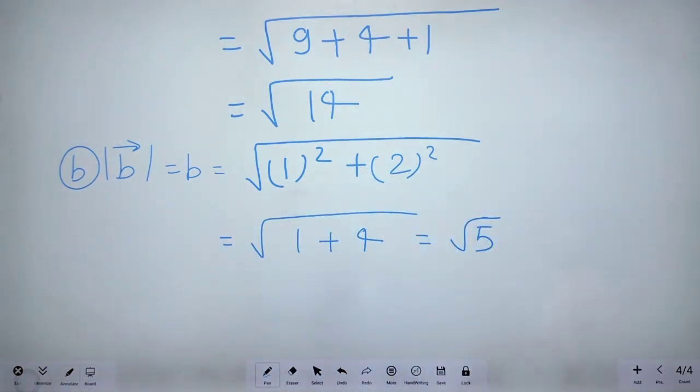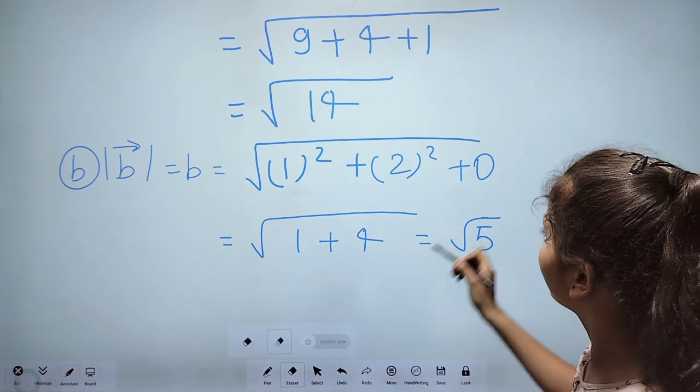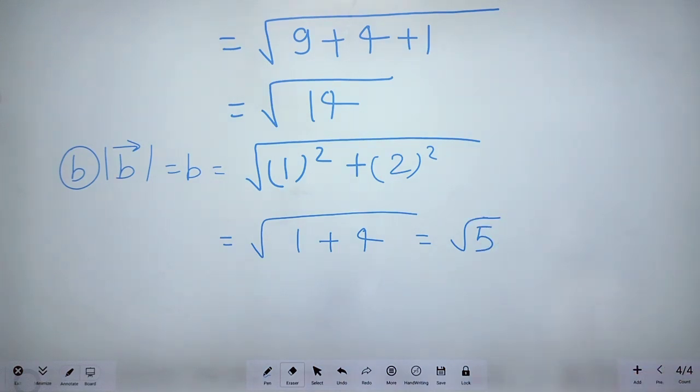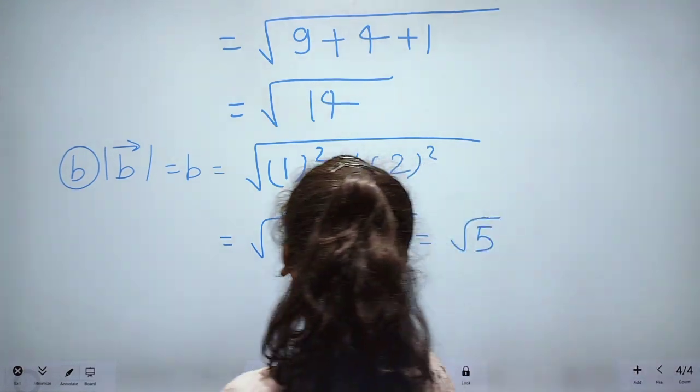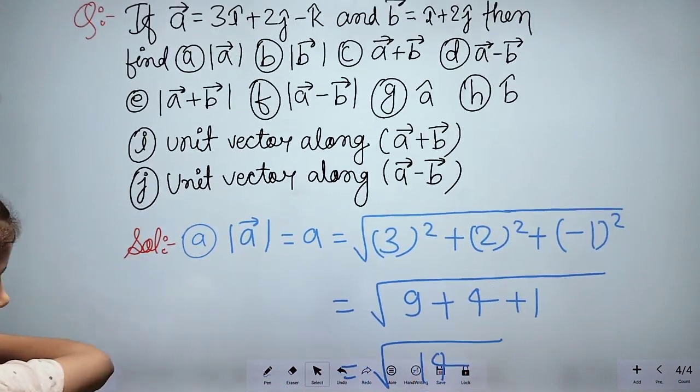If k cap is not given, we take k cap as 0, and if we add 0, nothing happens. So we do not need to add the 0 here. Okay, so let's start our third question, that is A vector plus B vector.